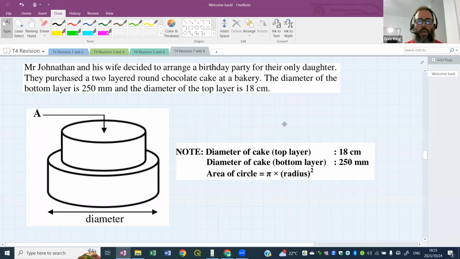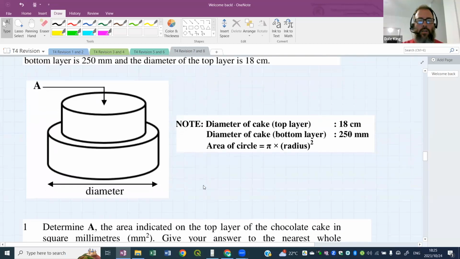All right, so we have all this information here on the right-hand side. We see diameter of top layer 18, diameter of bottom layer 250 mils. And they also give us the area of a circle formula there. So that's the scenario. Two cylinders on top of each other to make a 2-layered cake. Let's see what the question is.